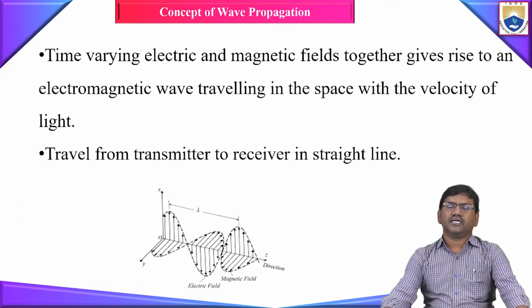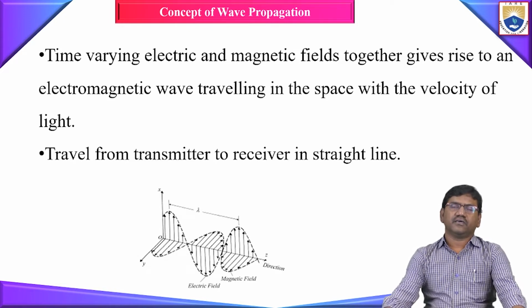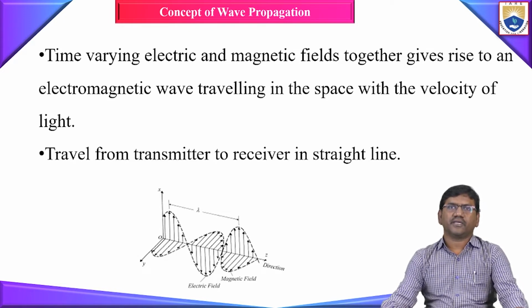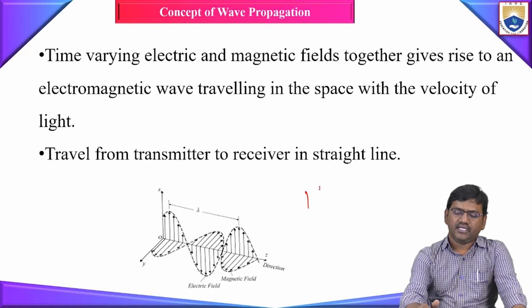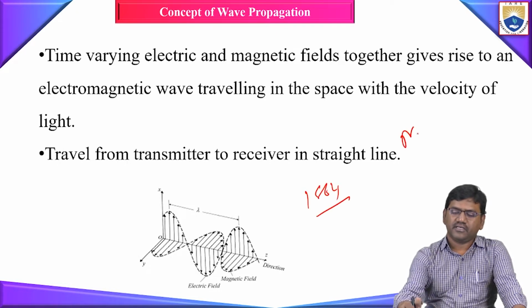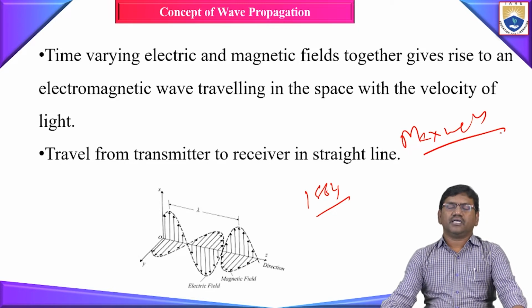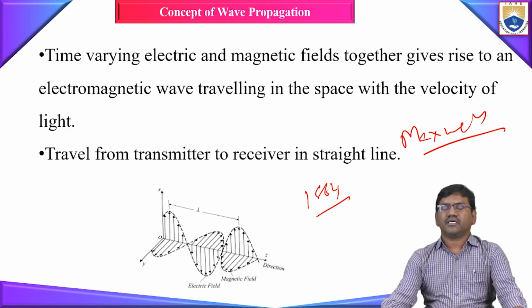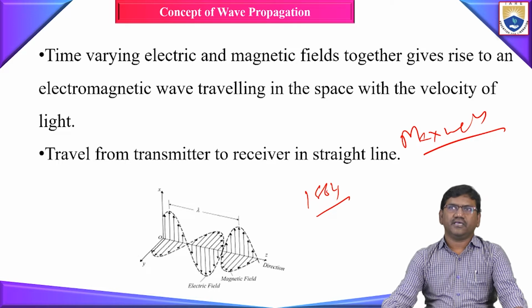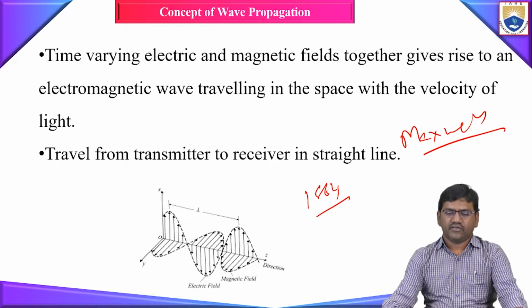There are two scientists who discovered electromagnetic wave propagation. In the year 1864, Maxwell said that the electromagnetic waves radiated from the antenna travel with the velocity of light.